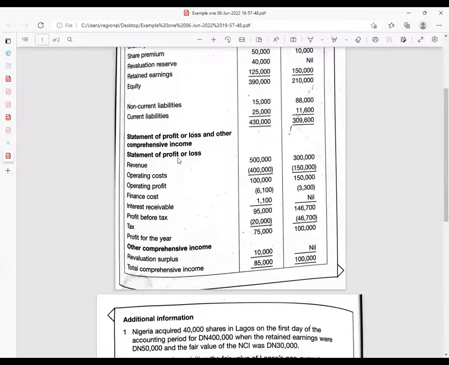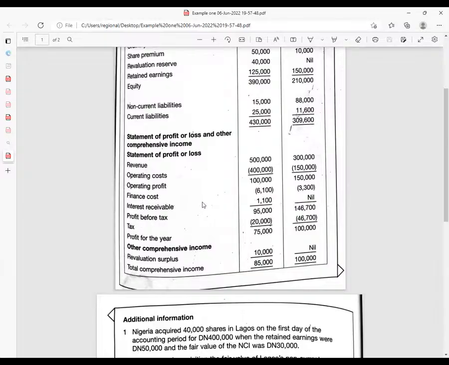So we have first the statement of profit or loss, and then other comprehensive incomes. Under other comprehensive incomes, I have revaluation, and then I'll be bringing in the foreign currency exchange. It also falls under other comprehensive incomes.